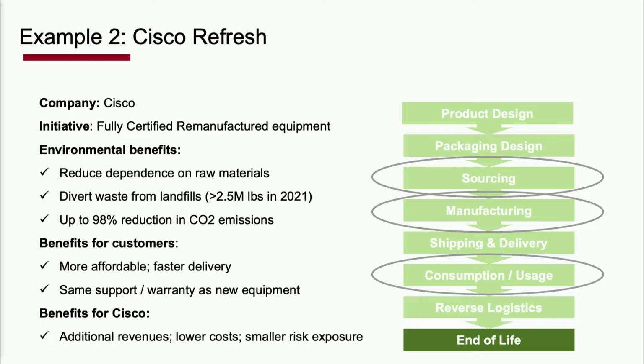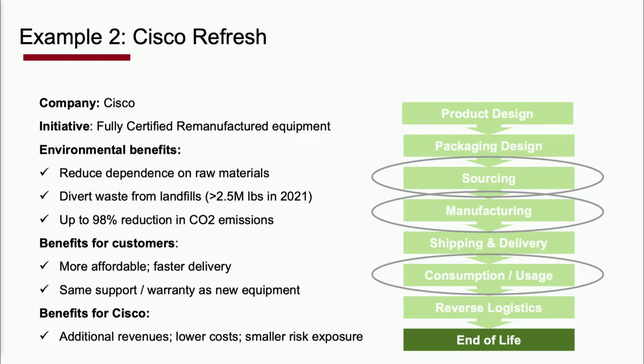They fully upgrade all the software and hardware as needed. Then the equipment goes through extensive testing. And then they offer those remanufactured pieces of equipment to customers at a much lower price compared to new pieces of equipment, and still with the same service and warranty as new equipment.